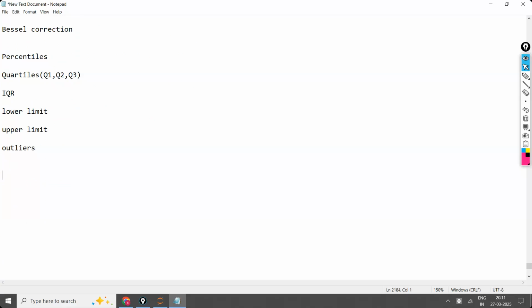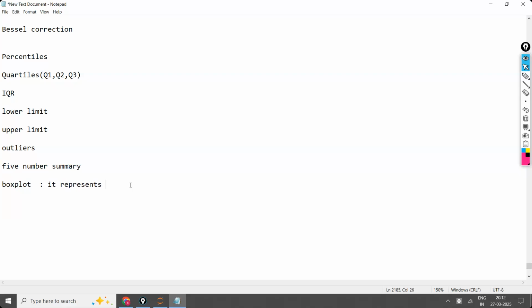Before explaining the box plot, I told you the 5-number summary, which is nothing but minimum, Q1, Q2, Q3 and maximum. Using these 5 numbers, we represent the box plot. The box plot represents the 5-number summary along with the outliers.